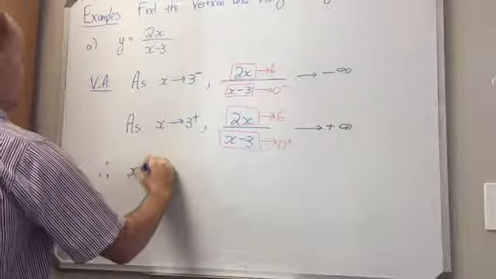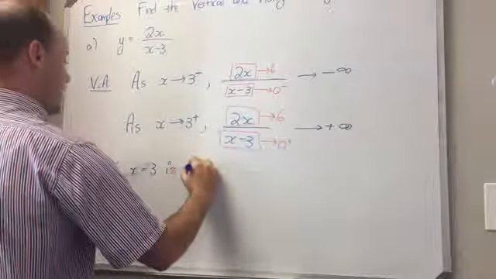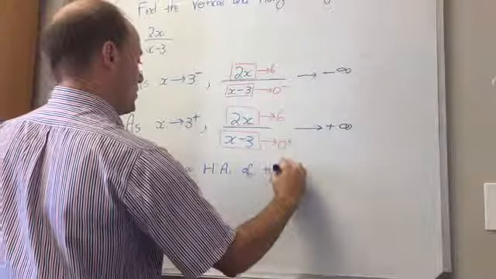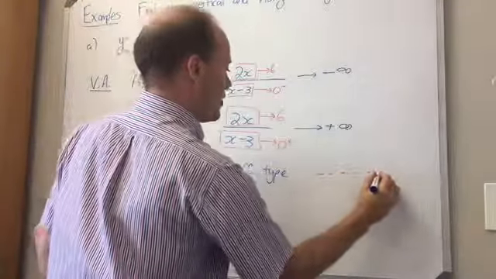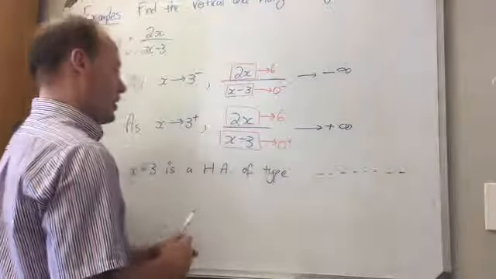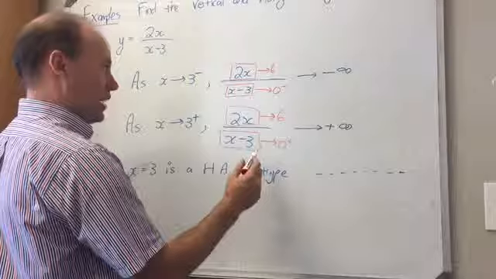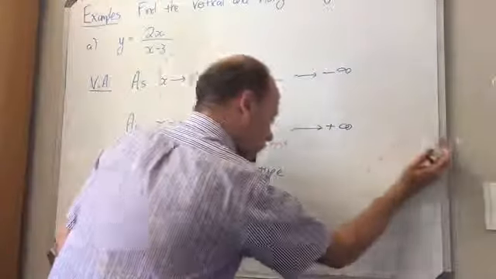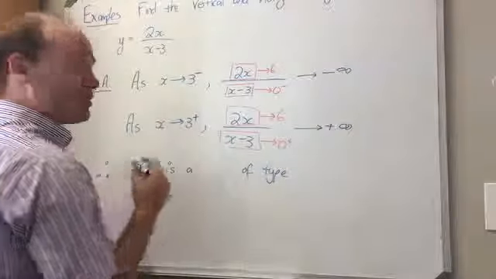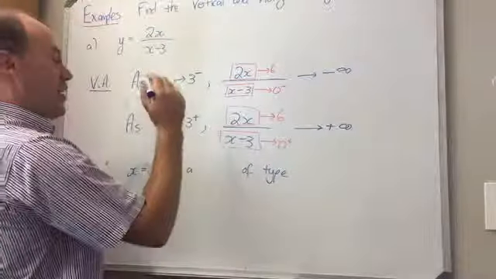So the way we write that down is we say, therefore, x equals 3 is a vertical asymptote. Draw a little line here. You don't have to do this, but I think it's very helpful. I always get this confused, so don't make the same mistakes I do.